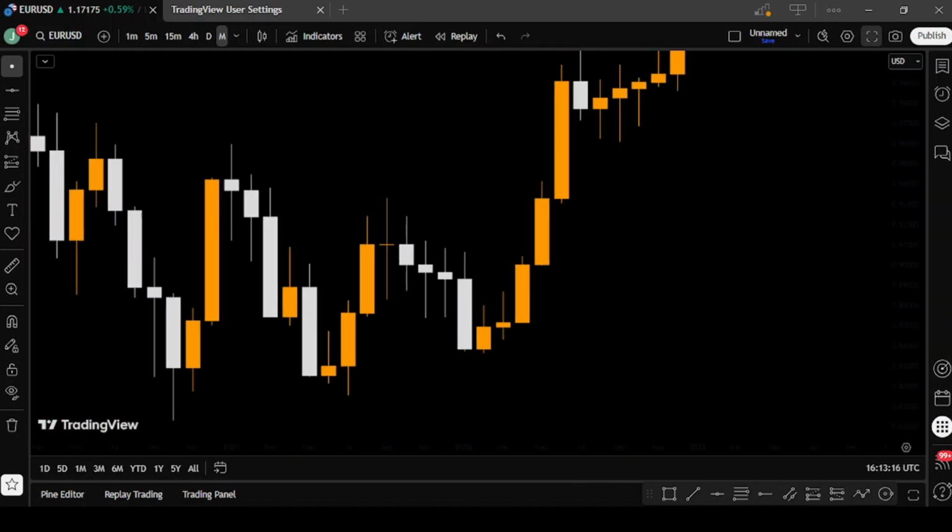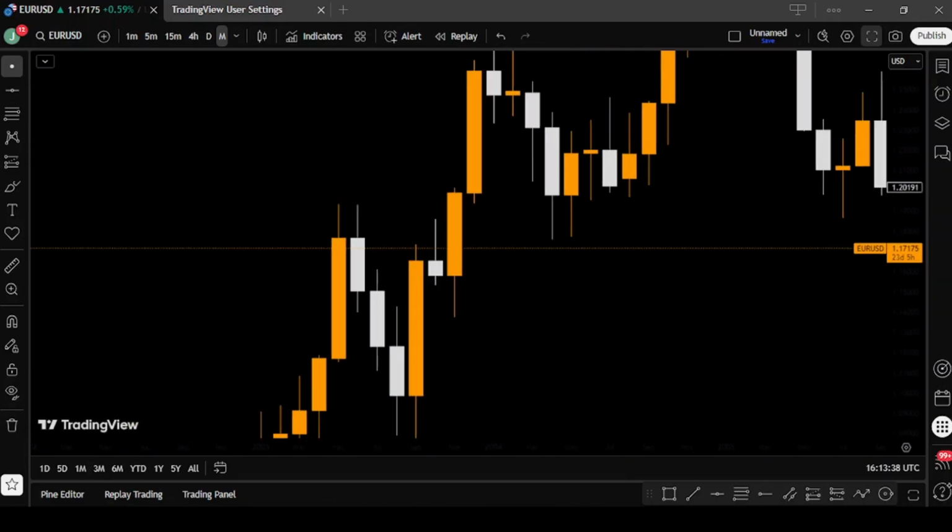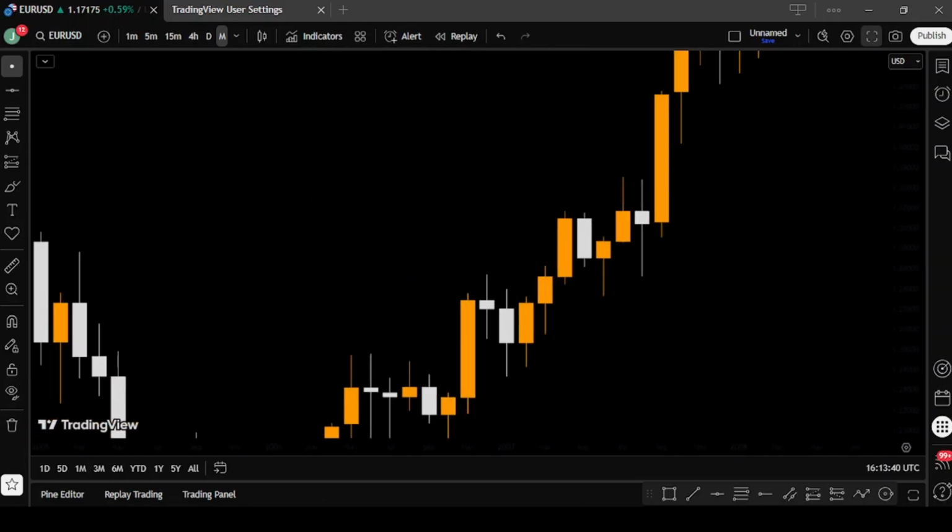Actually, the shadow is not really important, so focus on the body and the wick. Traditionally it's supposed to be a green and red candle, green for bullish and red for bearish, but I just decided to change the color here.